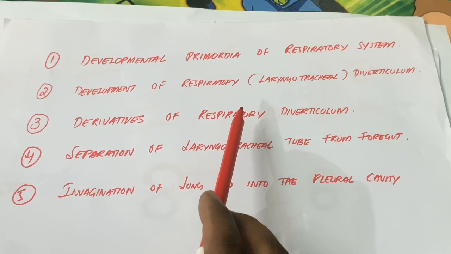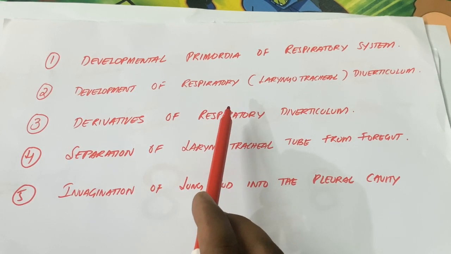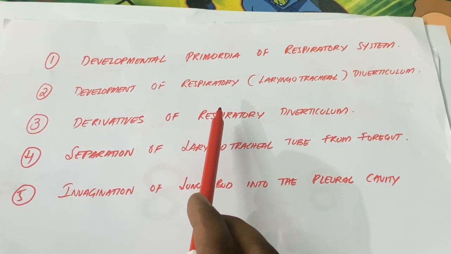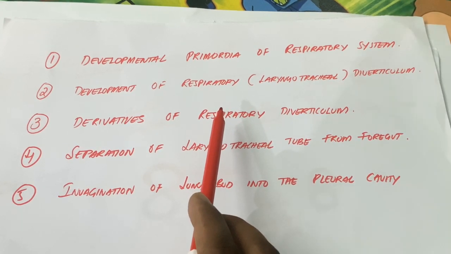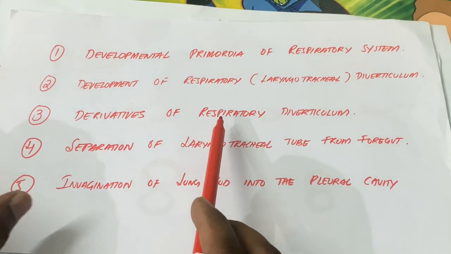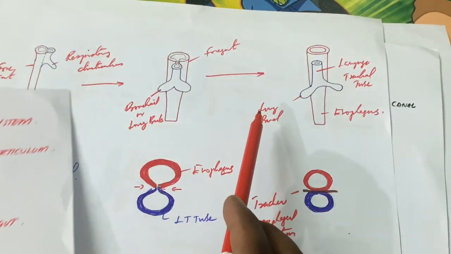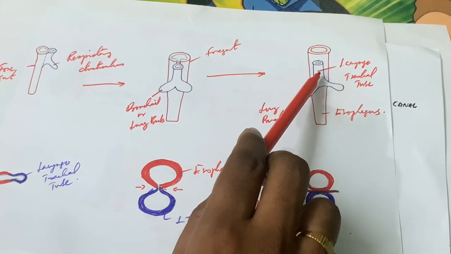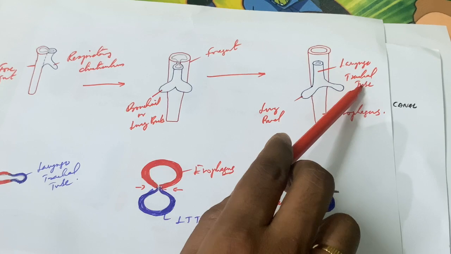The caudal part gets bifid, enters the thoracic cavity and forms the lung bud or bronchial bud, whereas the cranial part forms the larynx and the trachea. The part above the lung bud we call the laryngotracheal tube.